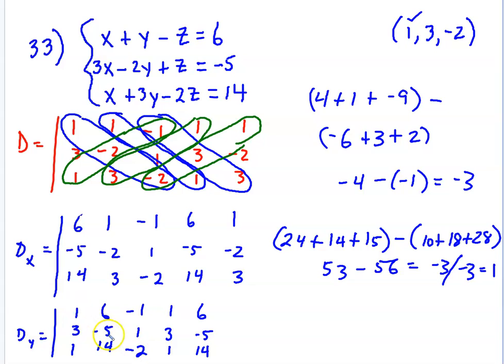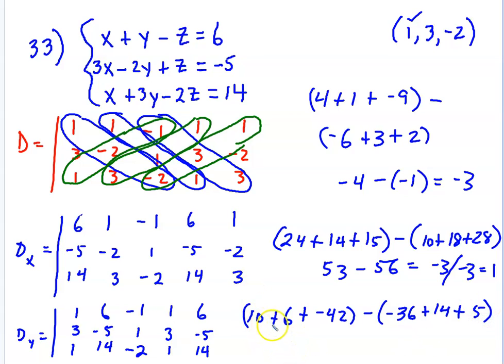So this is going to be positive 10 plus, this is going to be 6 plus, and this is going to be negative 42. And then we'll go the other direction. This is going to be negative 36 plus 14 plus positive 5.